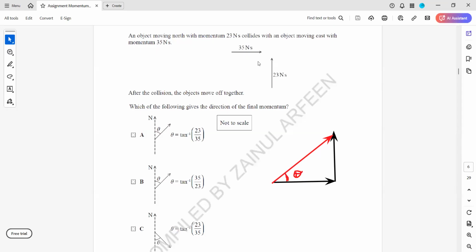We need the angle from the vertical. We need this angle. That's why even if you draw any one of them first, it will give the same result. Like this will be 35 and this is 23. So this is not the theta. We want theta here, so this will be 23, and this will be 35. So you will get the same result. It won't make a difference.